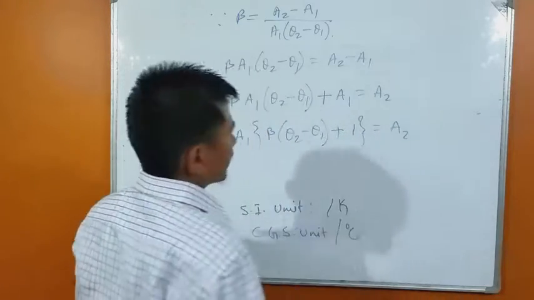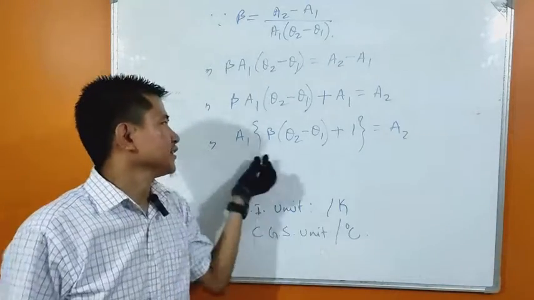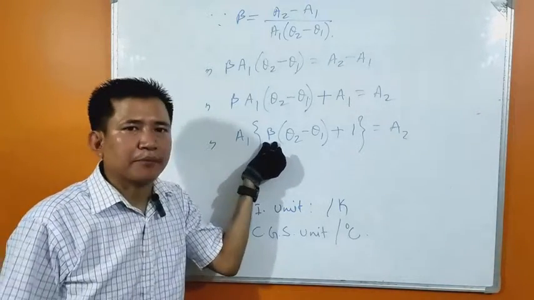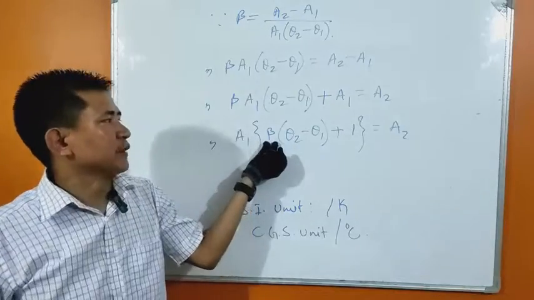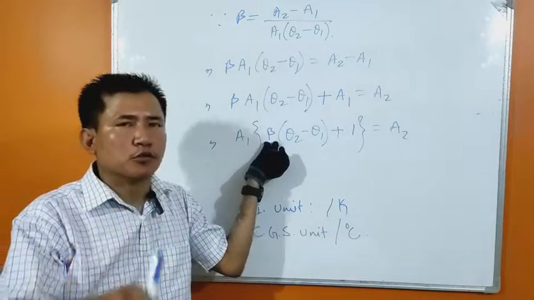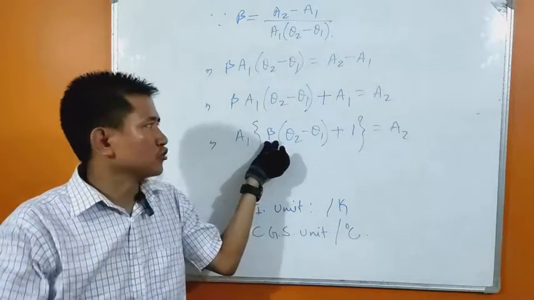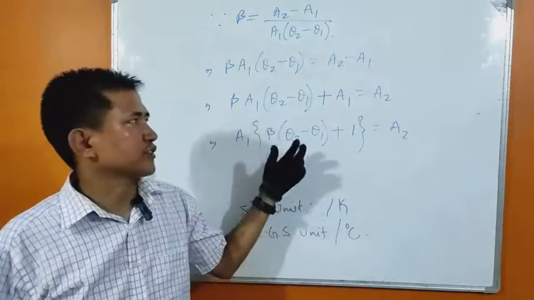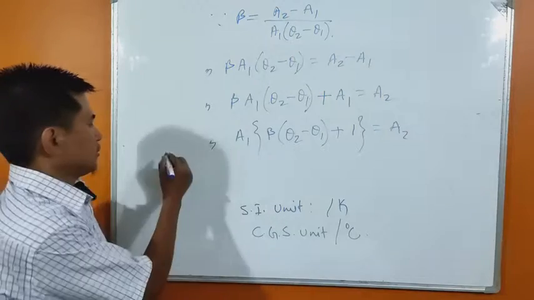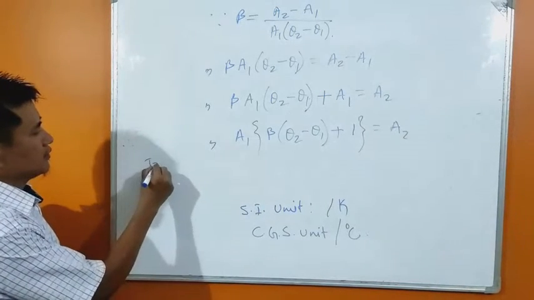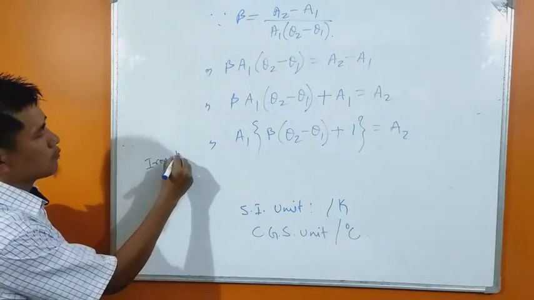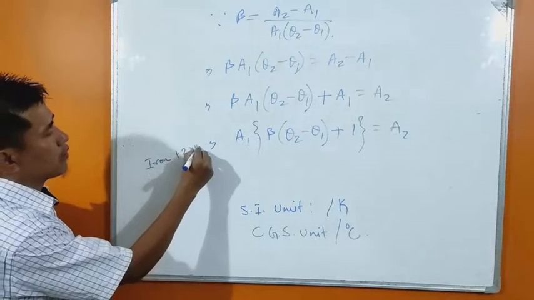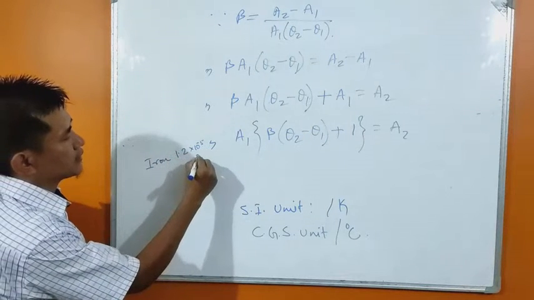So the new area of that solid is A1 into the bracket. Beta is the coefficient of superficial expansion of the solid. It has a value which I gave in the table before starting this. You have seen that iron has 1.2 into 10 to the power minus 5 per degree Celsius, isn't it?